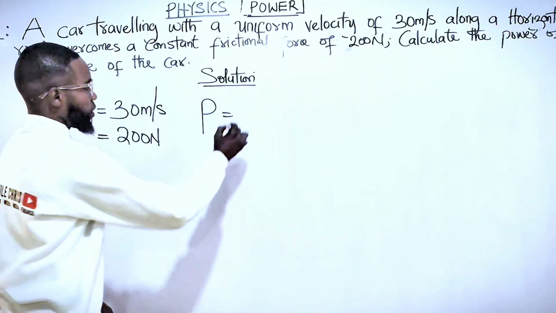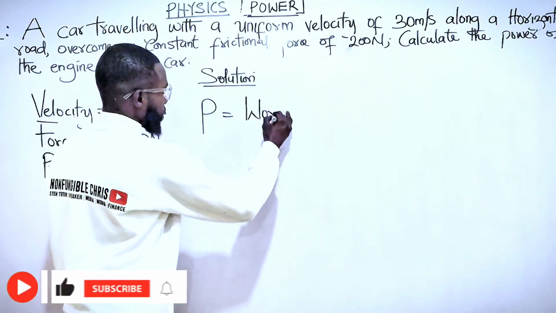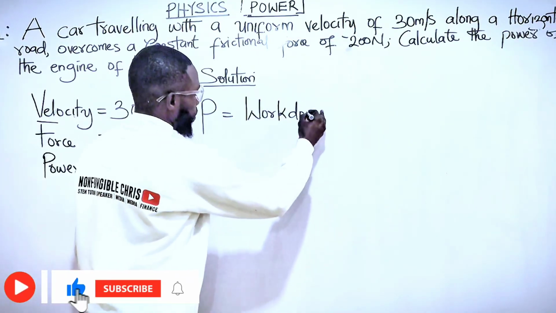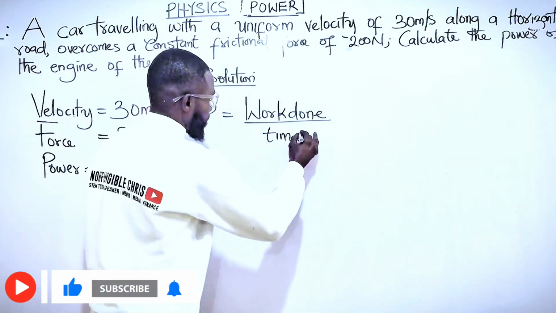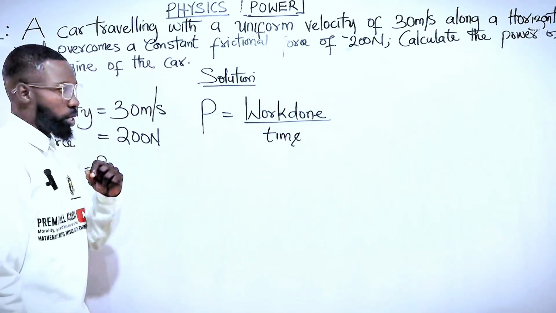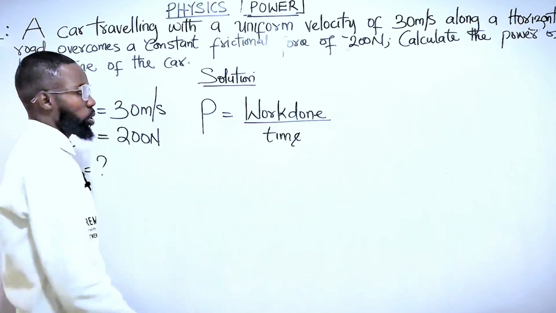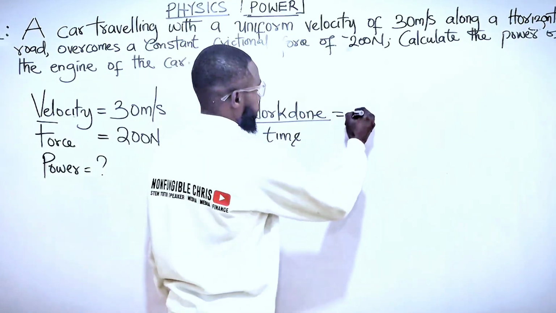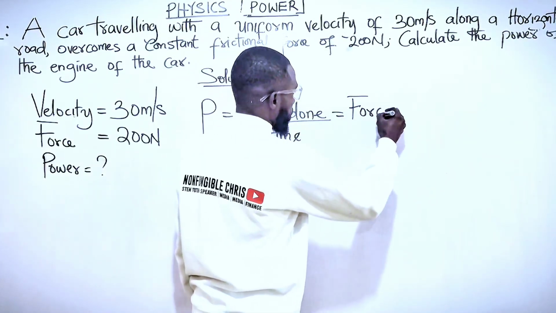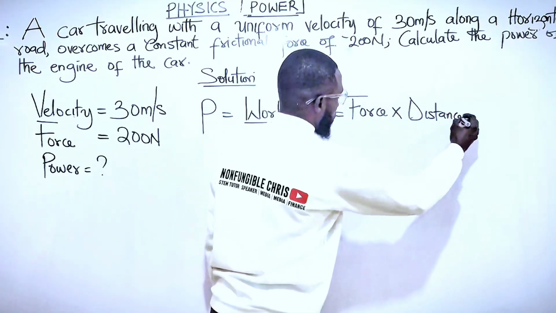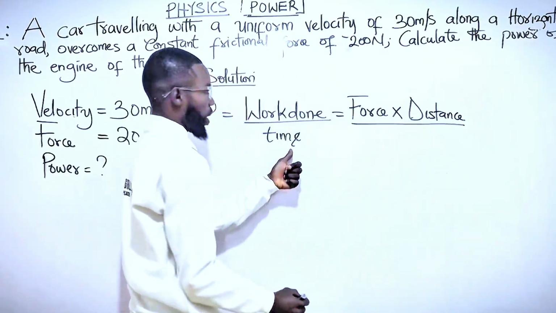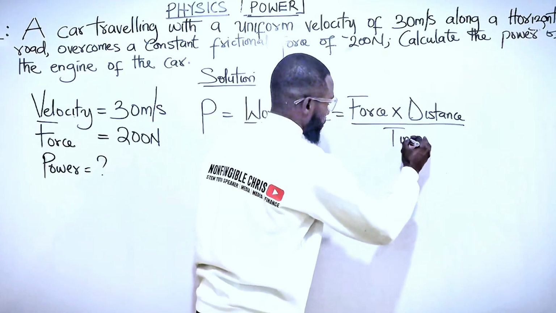Naturally, we know that power is work done over the time taken, right? And we've treated work done. Work done is the product of the force times the distance, over the time.